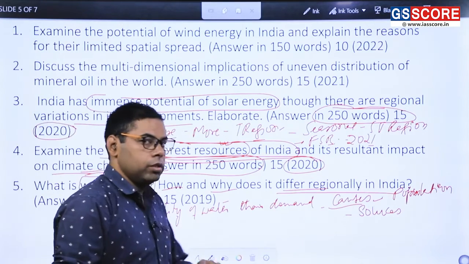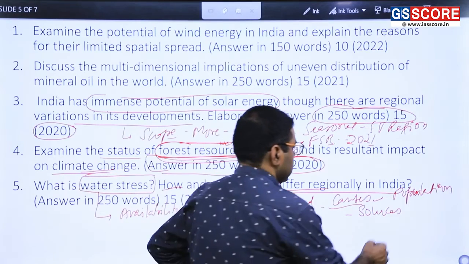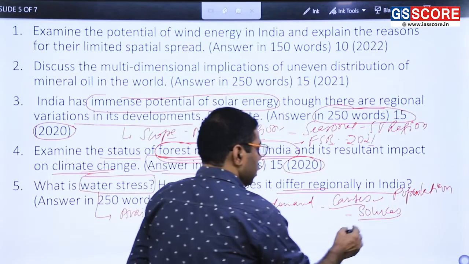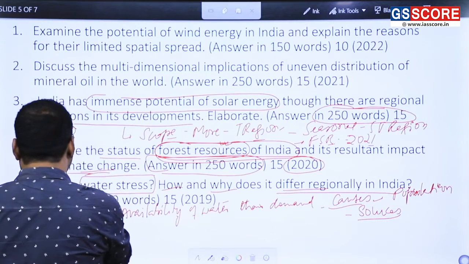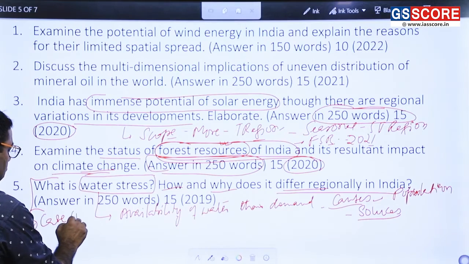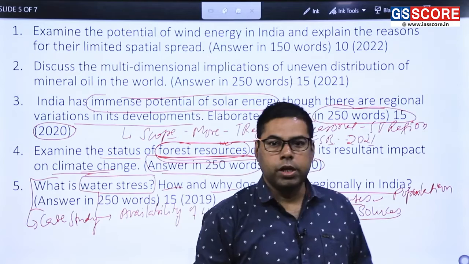If the source is available, the stress will be least. If the source is not available, then stress will be very high. For example, you can write the case of Delhi. This type of question requires case studies. So you can write the case study of Delhi.